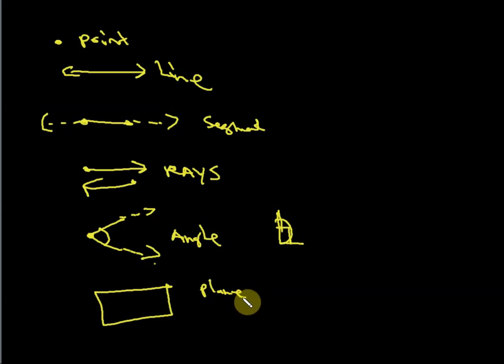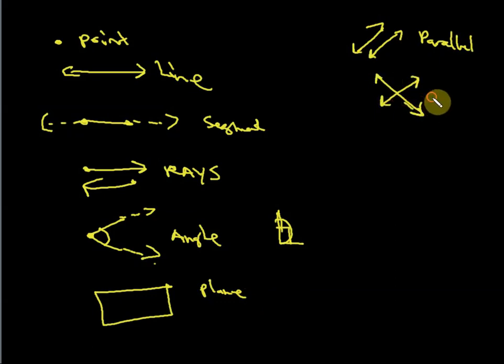And now I made it a bit more complicated after that and said, well, within the plane, what can happen? Well, you could have parallel lines. But then these lines can also intersect. Right, intersecting.